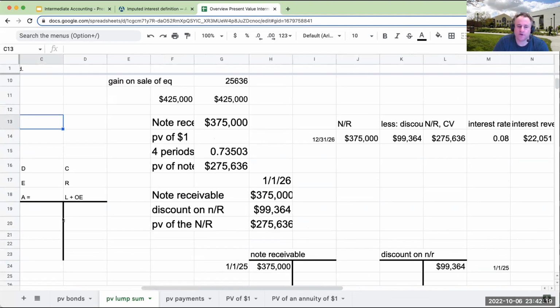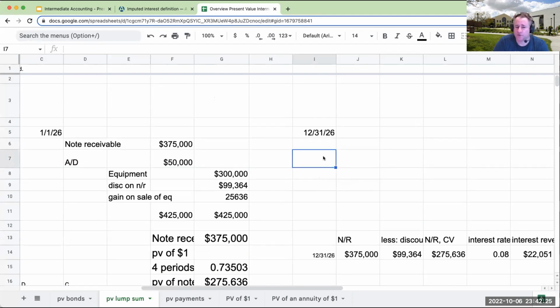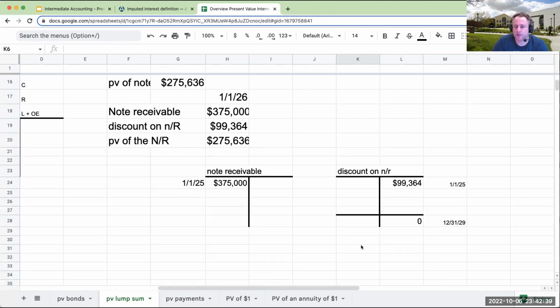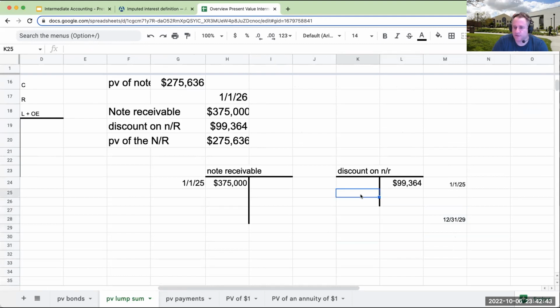So how do I record interest revenue? Well, interest revenue is recorded DC, debit, credit, expenses, revenues. I record revenue with a credit. So I'm going to credit interest revenue for 22,051. But at the same time, I also have to look at this discount on notes receivable. What's my goal for the discount? I need this to ultimately go down to zero.